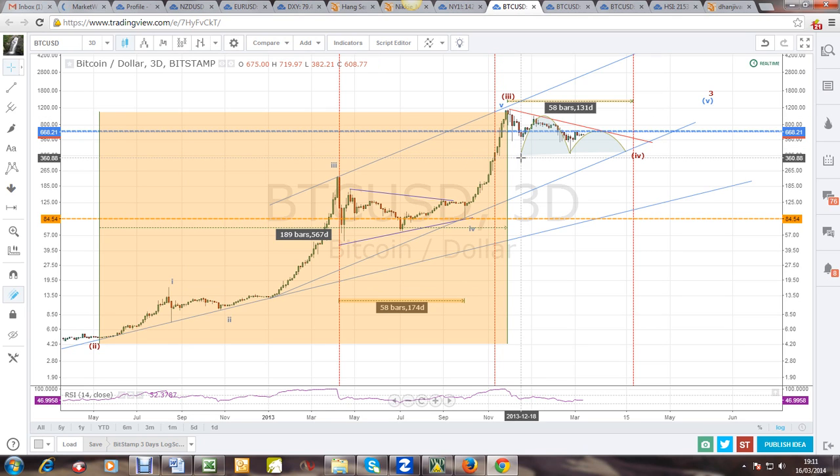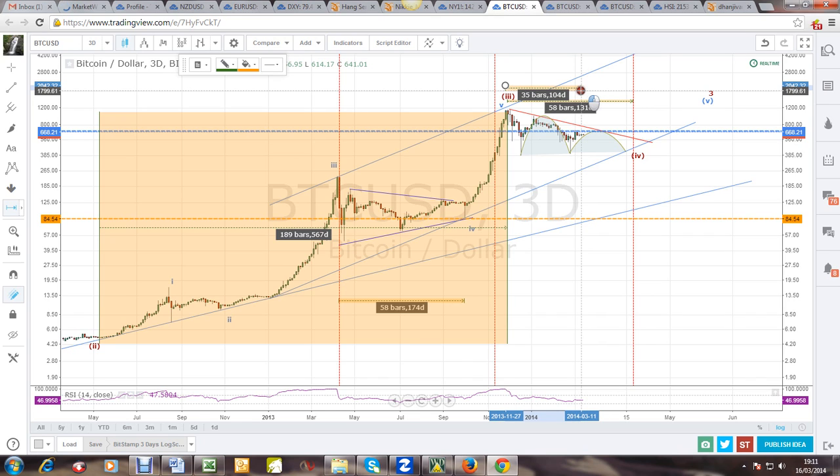So that's the first observation. The second thing is that this has taken nearly 190 bars. How many bars have we passed now since the high? So far, we've only come 35 bars. So it does not look right. So how long is it likely to be? Well, you can do some kind of fib ratios.